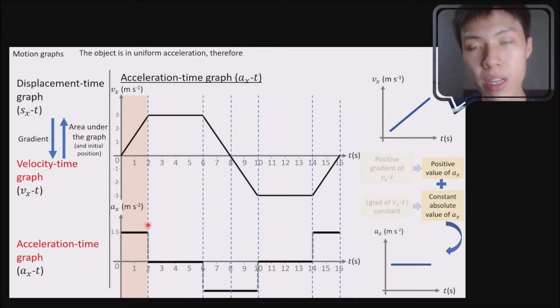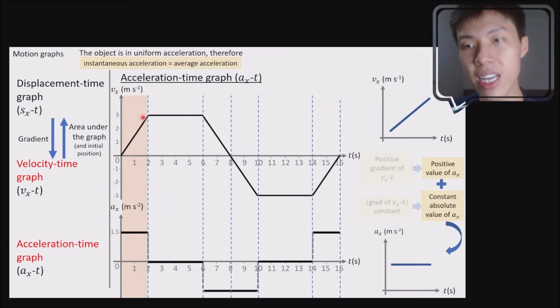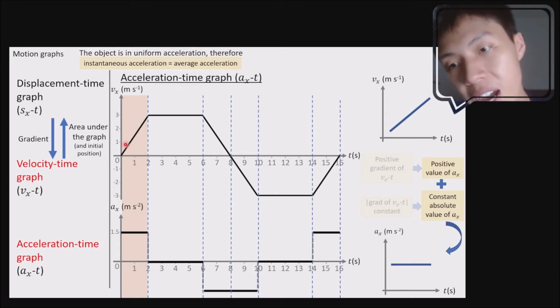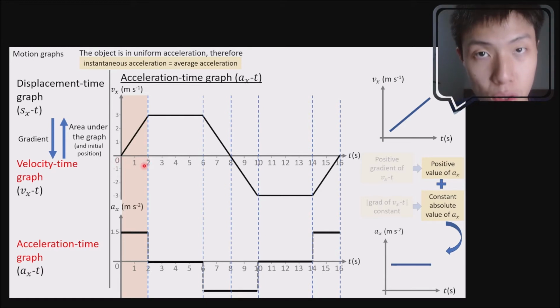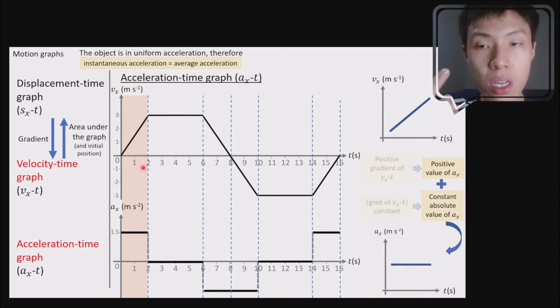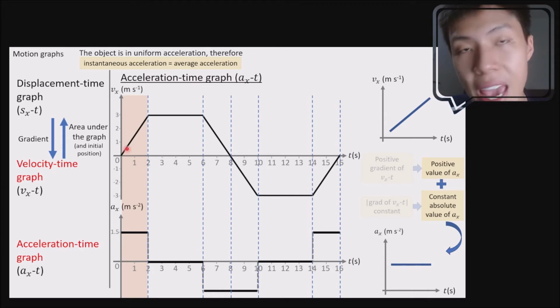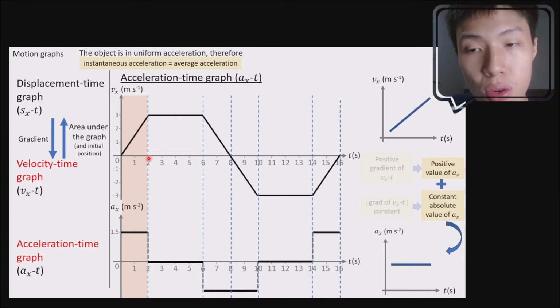When it's a uniform acceleration, the instantaneous acceleration is equal to the average acceleration. What do we mean? If we find the average acceleration from time equals 0 to time equals 2, it will be equal to the acceleration at any point of time between 0 and 2.